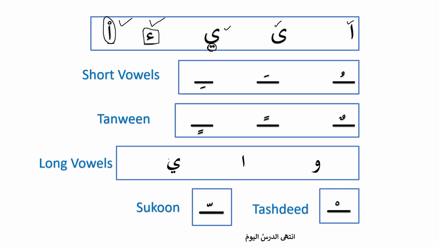Very good question. Yes. And the long vowel written here, waw, alif, and ya, is also two harka. So why here do we say that in Kubra we read fast, one harka, and in long vowel we read two harka? I'm confused.